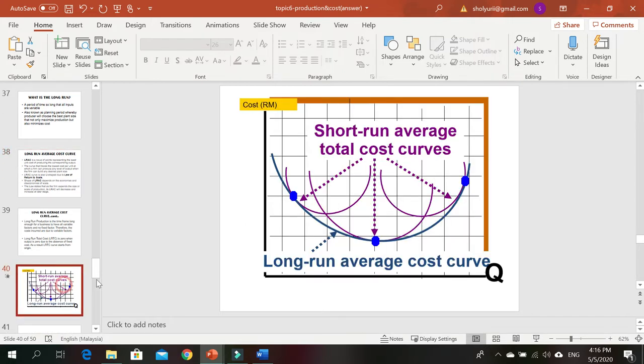So it looks like this. Each short run cost, 1, 2, 3. In this case, maybe there are 3 firms. Okay, the combination of the minimum points of every short run cost, it takes the lowest minimum point, here. When combined, the combination of minimum points, the dark blue will be the long run average cost curve.